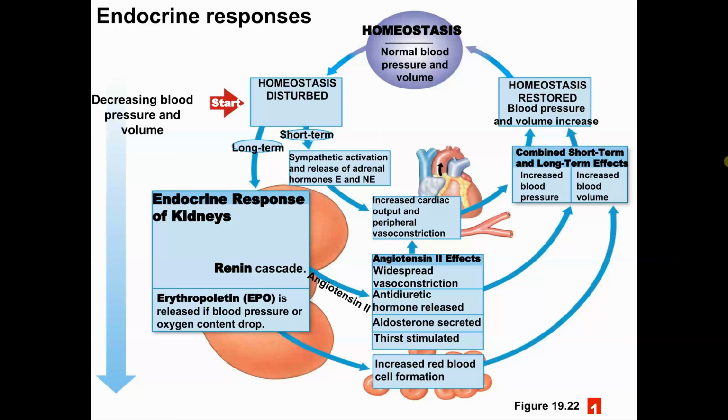So if you have, just over the short term, a decreased blood pressure and volume, epinephrine and norepinephrine in the sympathetic response can affect the cardiac output. And remember what they're doing to the heart, the actual cardiac muscle cells, what's going on with norepinephrine and epinephrine for those.